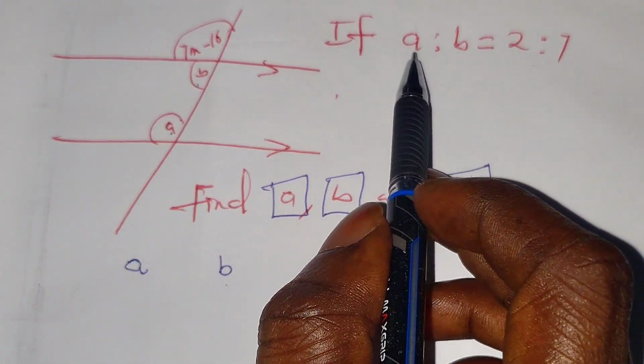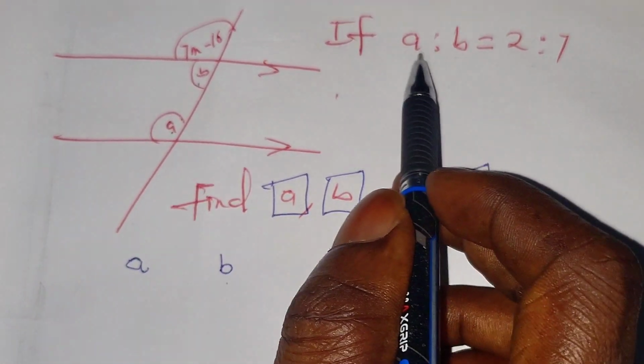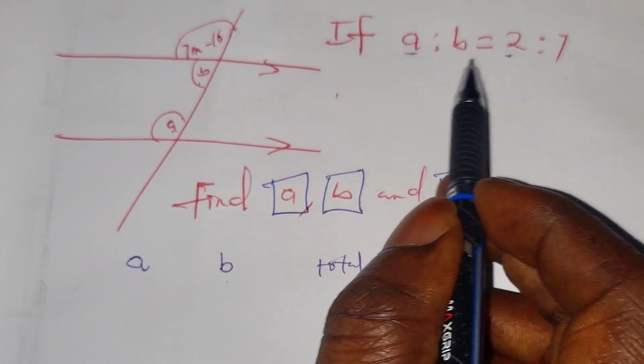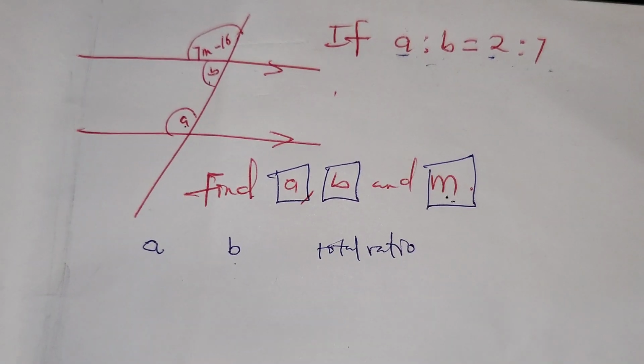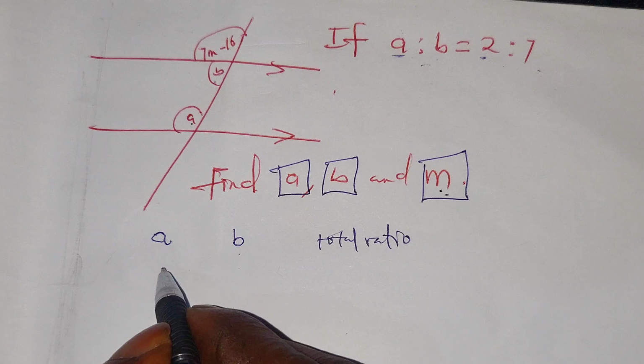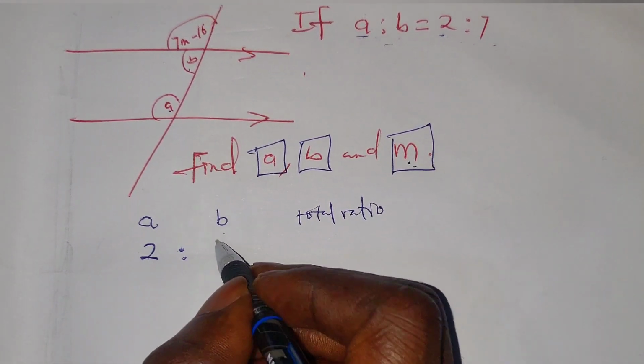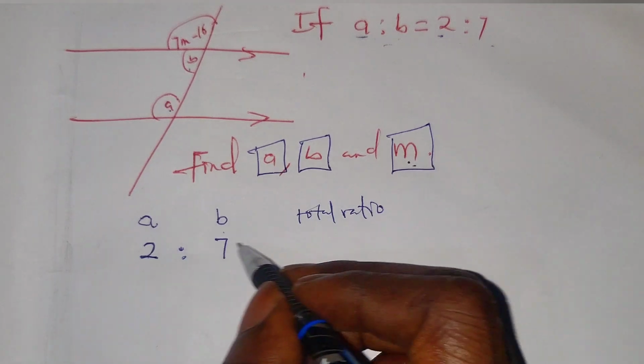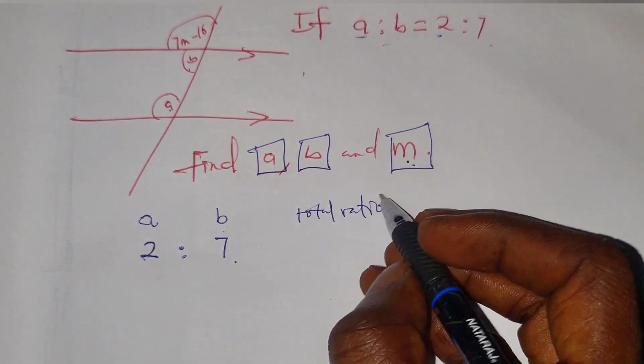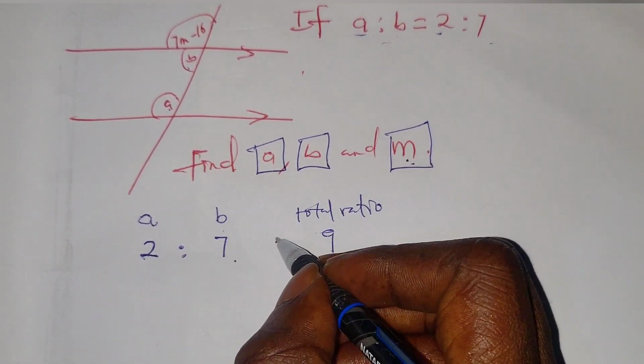Because they said A is to B is equal to 2 is to 7, it means that the first takes the first, the second takes the second. So we have 2 for A, then 7 for B, and total ratio is 7 plus 2, which gives us what? 9. So that is it.